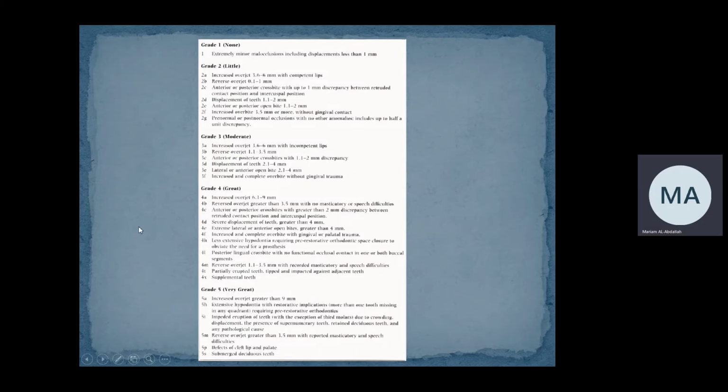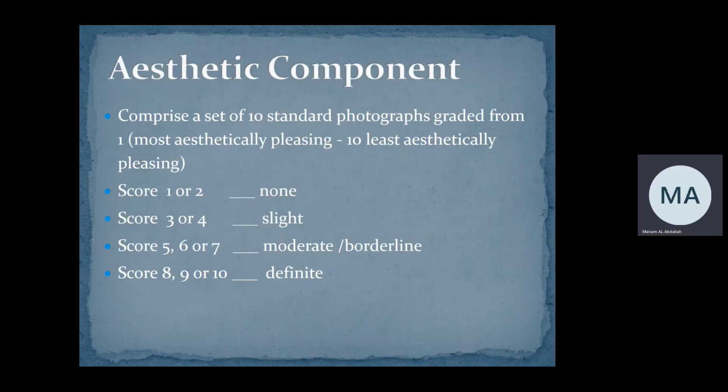For example, patients who have cleft lip and palate will have the 5P grade, which means very great need of treatment. An overjet of, for example, 3.6 to 6 millimeters with competent lips will be grade 2, which is not a great need of treatment, and so on. You don't need to know the details, but just need to know what the dental health component is.